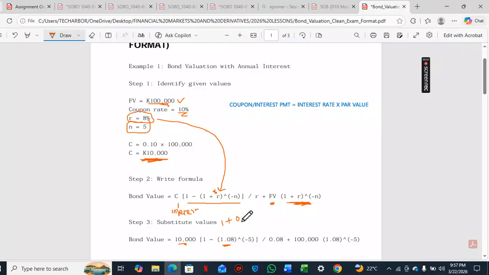The discount rate is 0.08, which is 8%. That's how I get this 1.08 to the power -5, the length of the bond, over the discount rate 0.08, plus the face value 100,000 multiplied by 1 plus R, which is this 1.08 to the power -5.